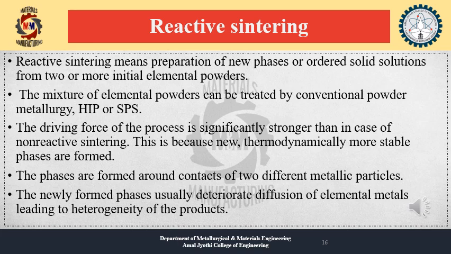This is because new thermodynamically more stable phases are formed. The phases are formed around contact of two different metallic particles. The newly formed phase usually deteriorates diffusion of elemental metals, leading to heterogeneity of the products.